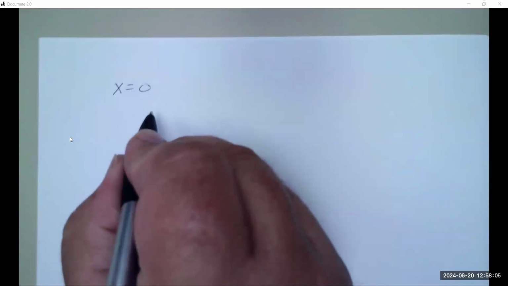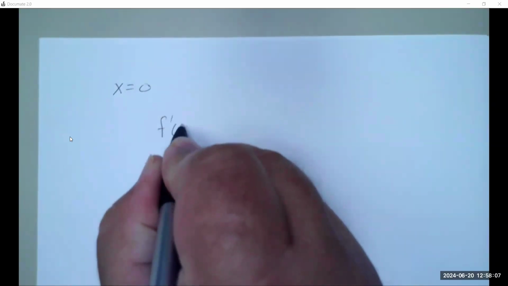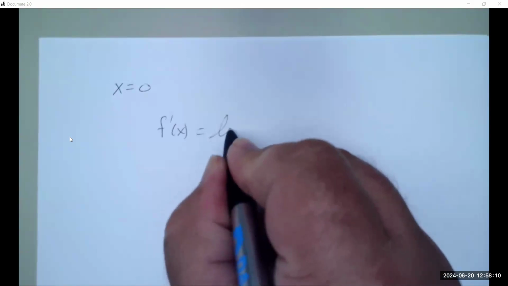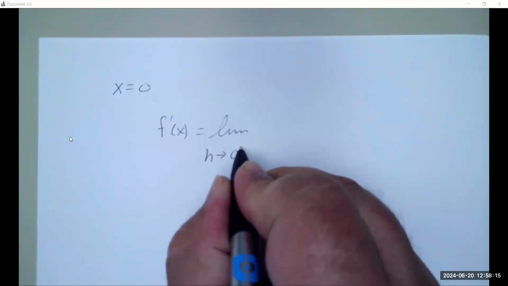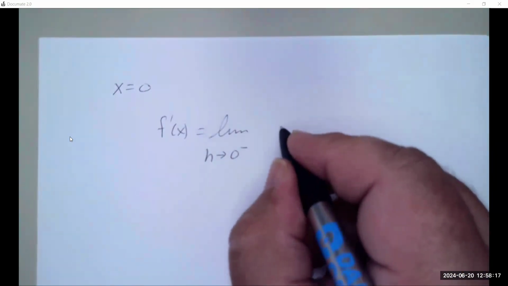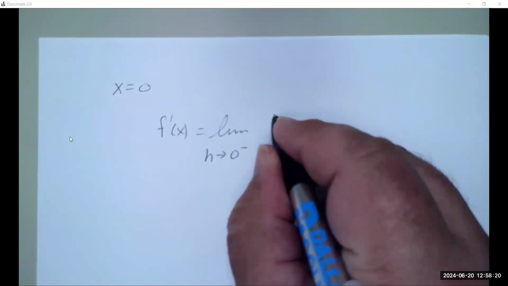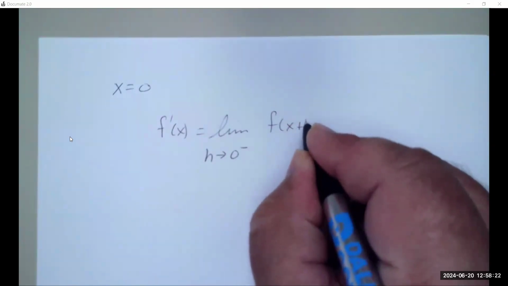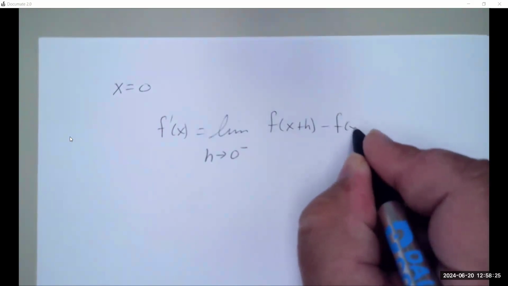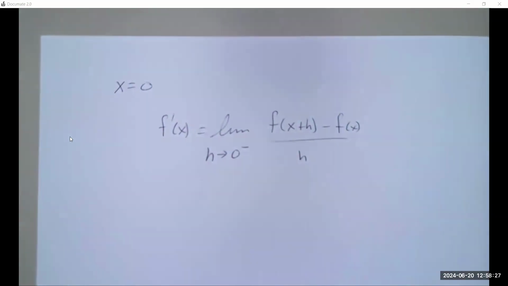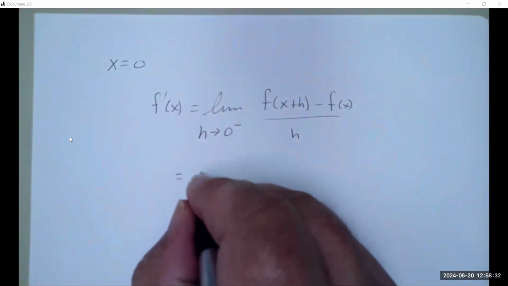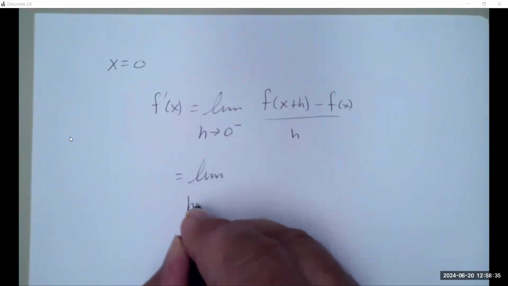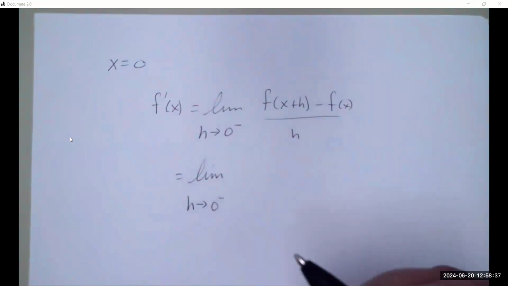Let's look at x equals 0. So we're looking for the derivative as limit as h approaches 0 from the left, which would be f of x plus h minus f of x. The limit as h approaches 0 from the left.